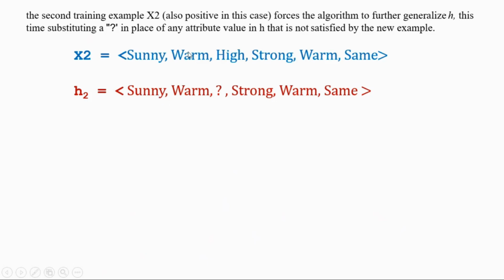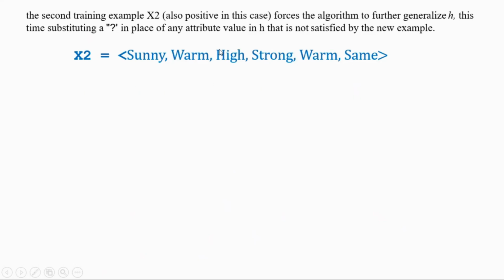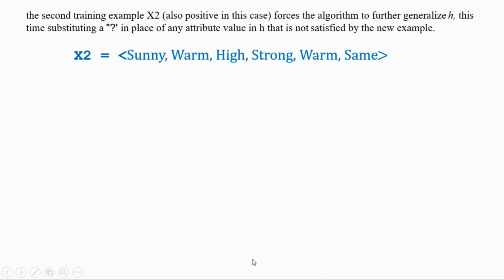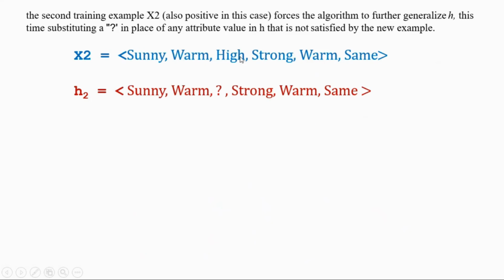The second value is warm, and X2 also warm, so keep it. But in H1 the third value is normal, while here the third value is high, so replace it with a question mark. Similarly, the fourth value is similar, no change. The fifth value is similar, no change. The sixth value is also similar, no change. This is how the mapping and replacement happens.